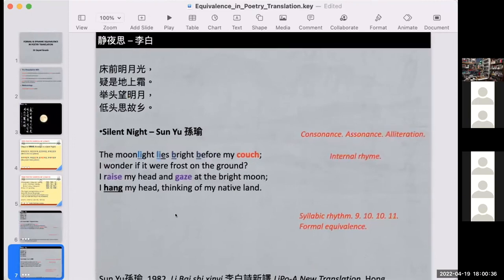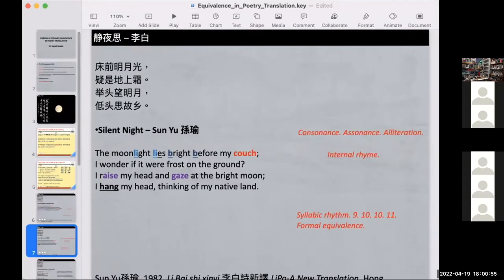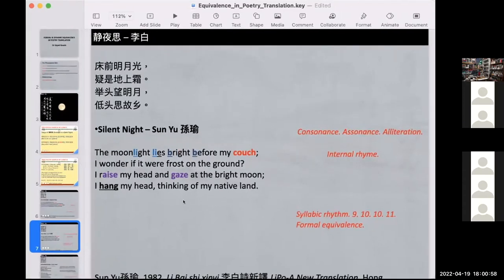Sun Yu did something different here. As I said, even though he didn't use end rhyme, he used other types of musical devices and poetic devices, like the repetition of the L in light, the repetition of the B. This is alliteration, the internal rhyme: raise, gaze, hang my head, the H again, the repetition of hang, head.